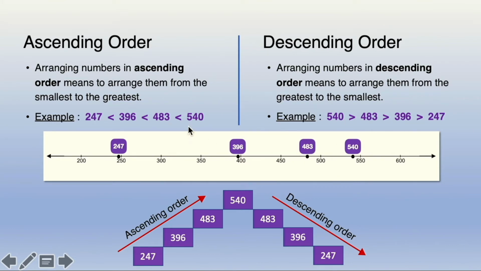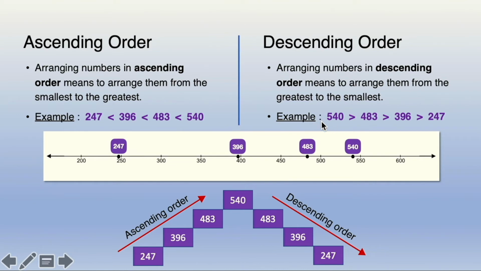And the last number in the ascending order is the number which has the greatest value from among all these 4 numbers. So this is the ascending order of the 4 numbers, the order in which the values of the numbers are increasing.